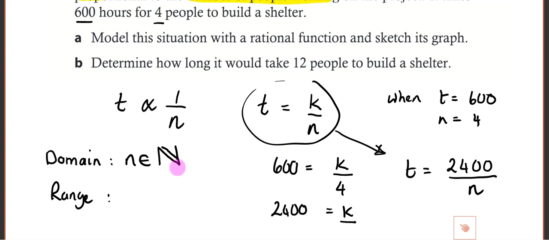I don't need to put that. The range is T. Could be any natural. Well, I guess it can be negative, but could we say T is allowed to be any real number?